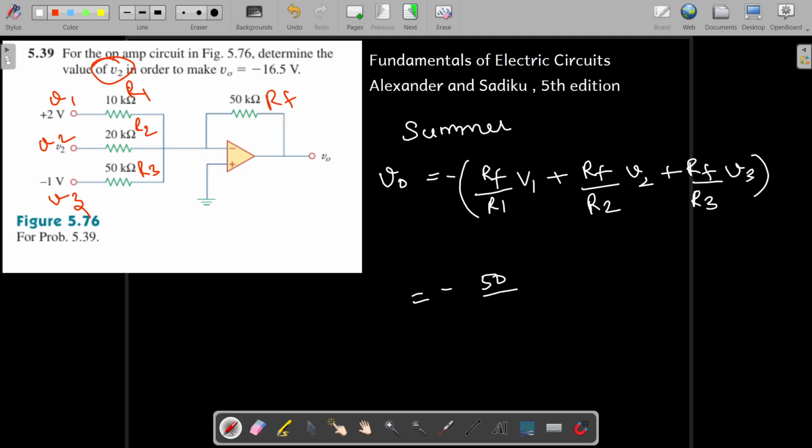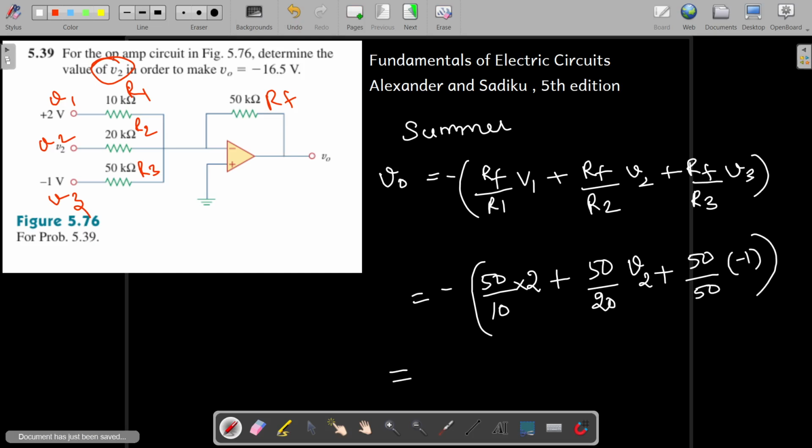Okay, so it is 50 by 10 kilo ohms multiplied by this 2 plus this RF here again 50 divided by this R2 is 20 multiplied by this V2 value, which is to be found out by us, and RF by R3 is 50 divided by this R3 is 50 again multiplied by this minus 1 volt.